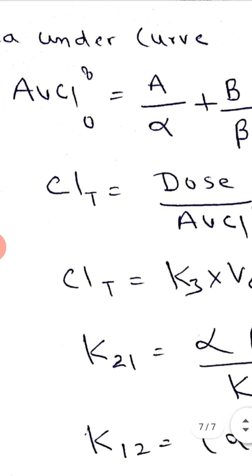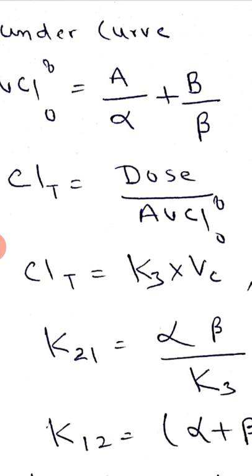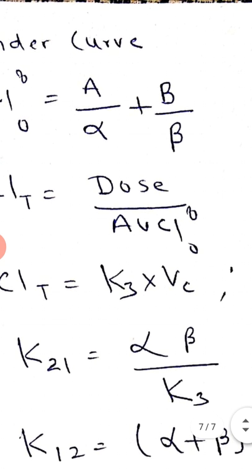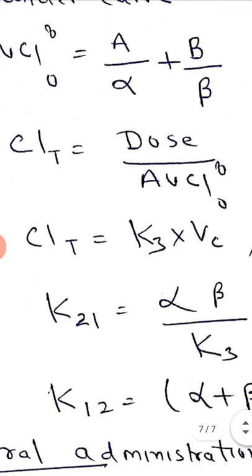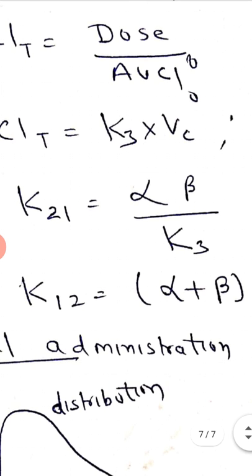Now clearance is also a very important pharmacokinetic parameter. We have already discussed in previous videos what clearance is in detail. In the case of two compartment, the total clearance can be calculated using the formula dose divided by AUC 0 to infinity. How would you find the value of K21, the transfer rate constant from the peripheral to the central compartment?